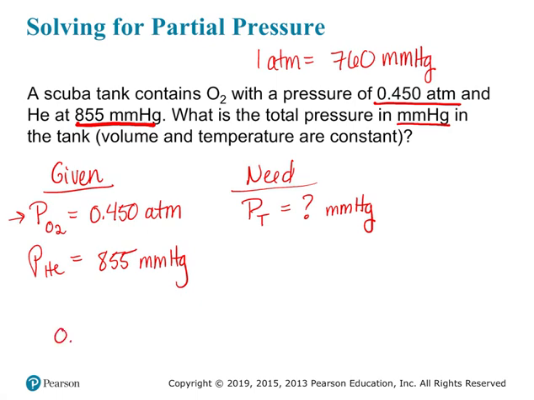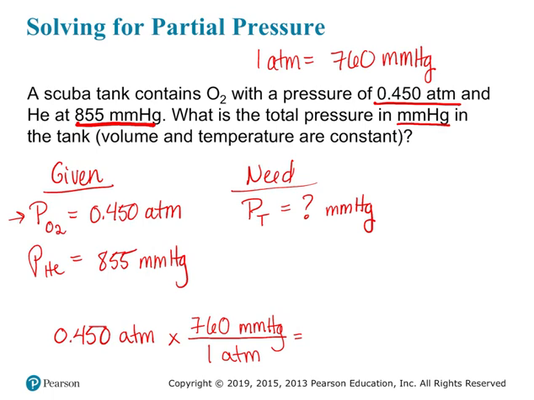So let's just do a quick conversion. All right, so we want to convert to millimeters of mercury. So that should go in the numerator. And then 1 atmosphere will go in the denominator. And then this is a super easy calculation.